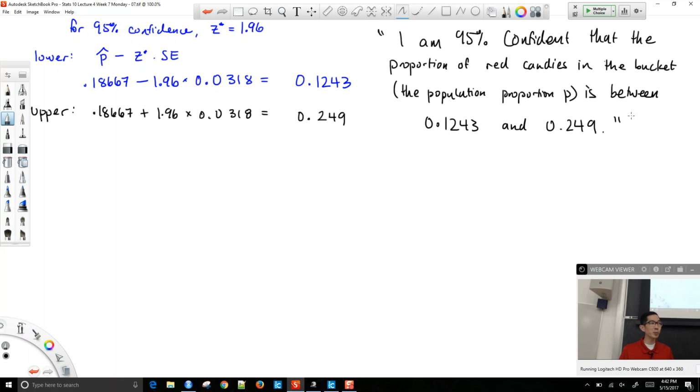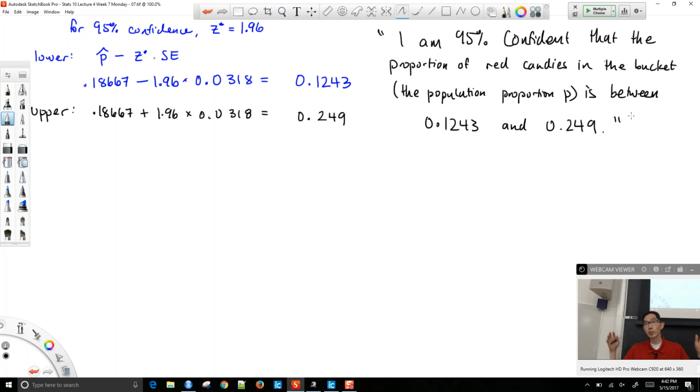If I wanted to be more confident about getting the true value P within my range, would I make my interval wider or narrower? I would make it wider, right?